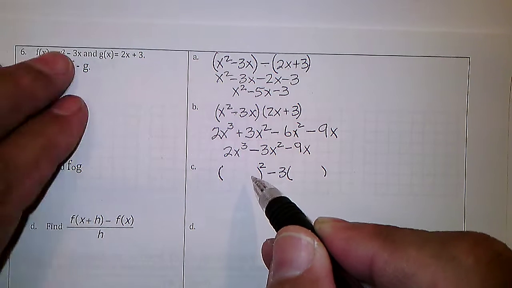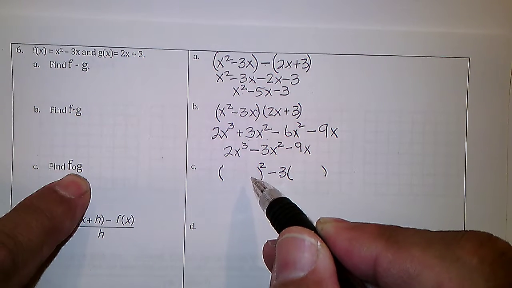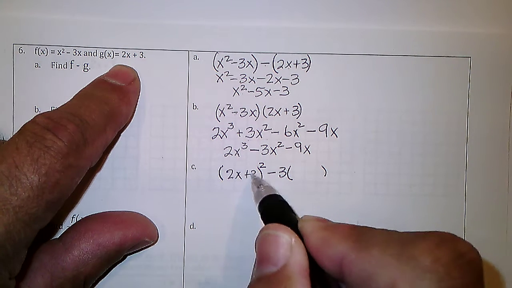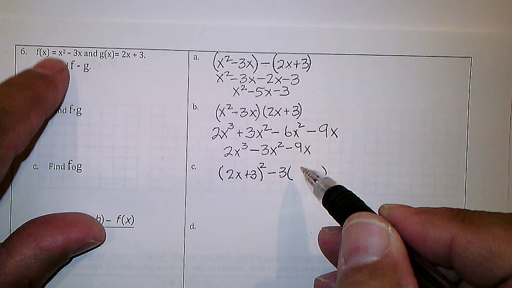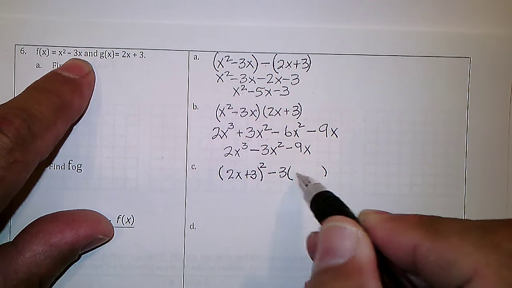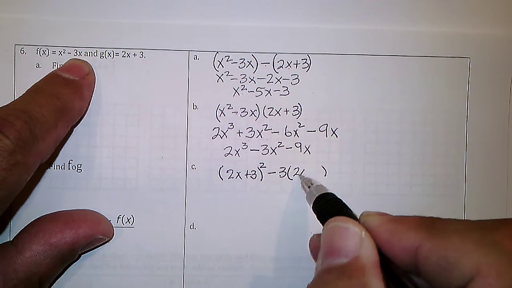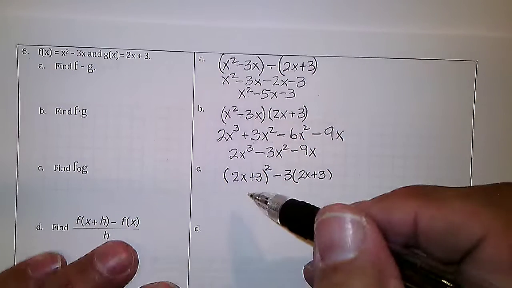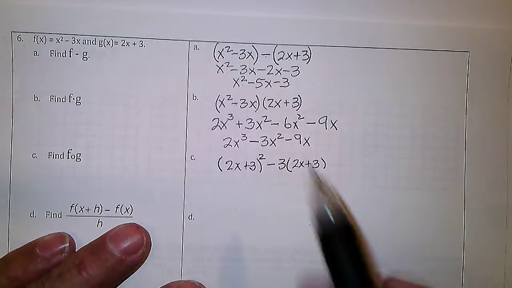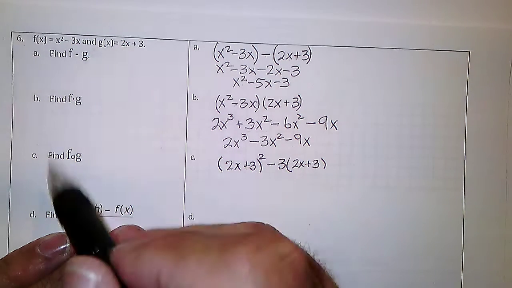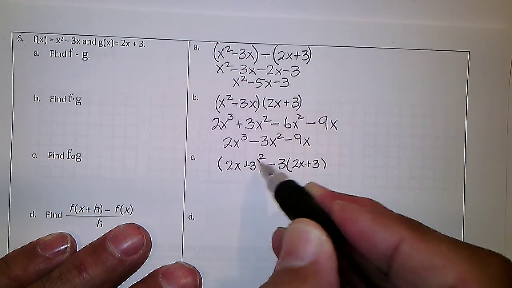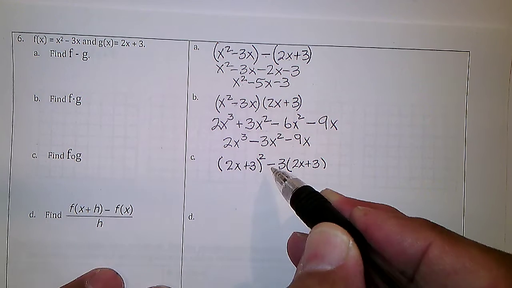Every place there's an X in F, I've got to put G. So I got to put 2X plus 3 for that X, and for that X, I got to do 2X plus 3. Wherever there's an X, I put the parentheses and show that I'm putting in G of X in place of those X's of F. So I've got to square this.